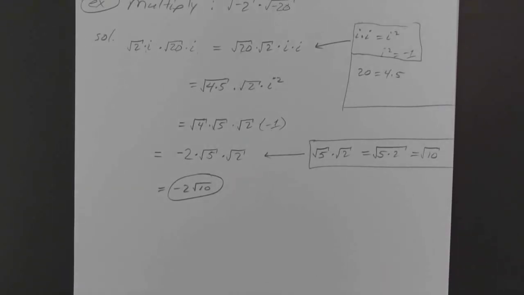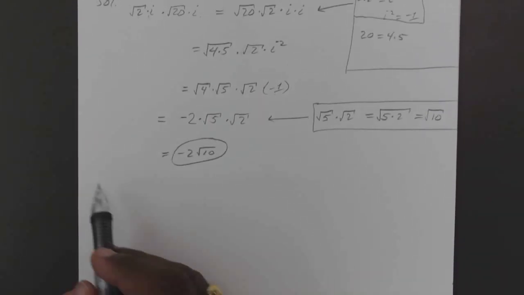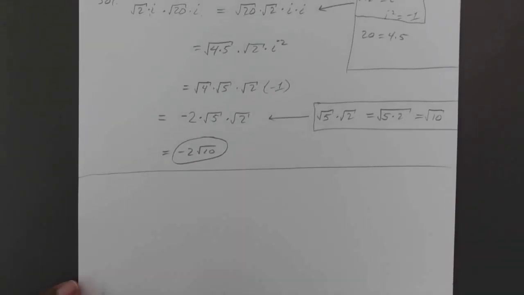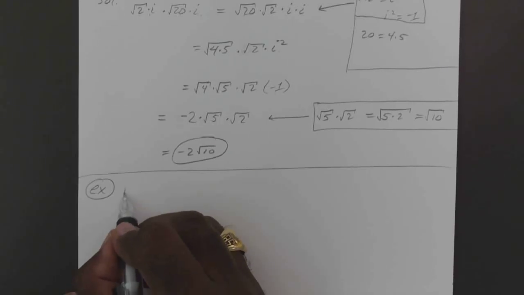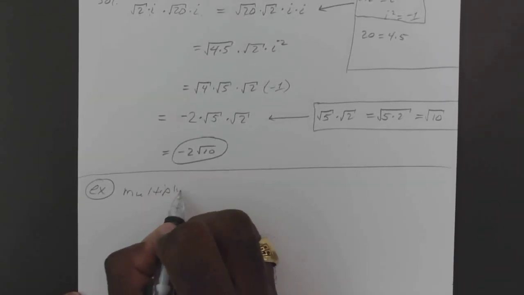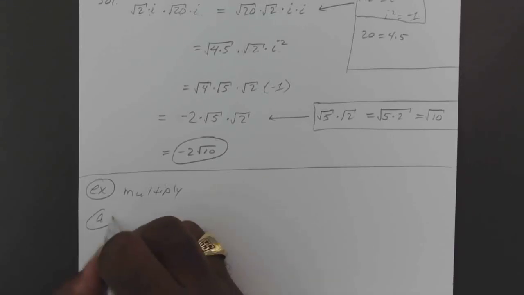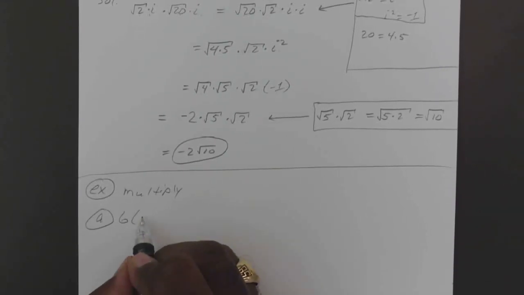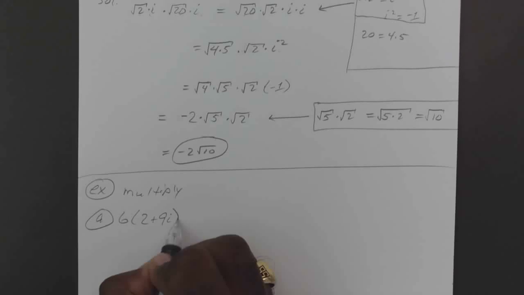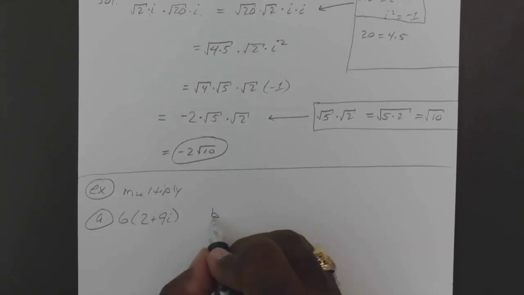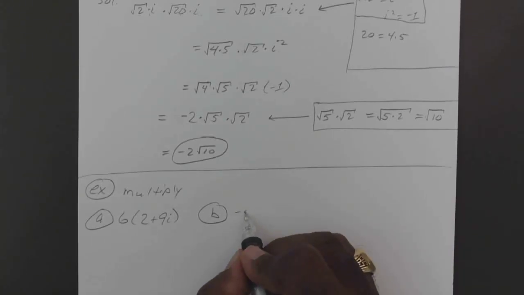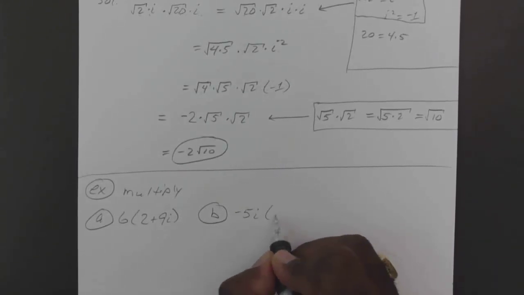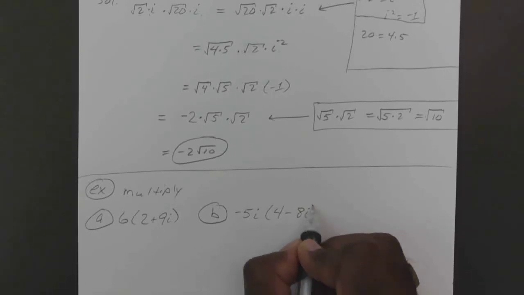Okay, so let's say, for example, you wanted to multiply, say for problem A, 6 times 2 plus 9i. For B, let's say -5i times 4 minus 8i.